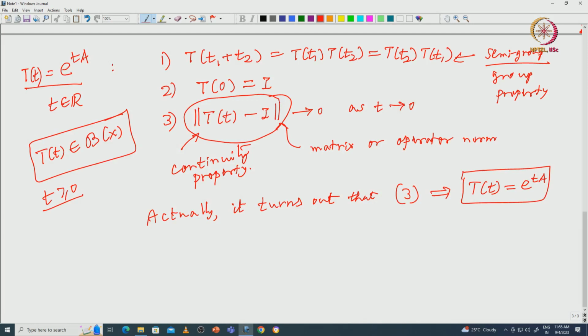So, since we are trying to develop the theory for unbounded operators, certainly 3 cannot be expected, because otherwise if 3 is expected, then we again come back to the bounded case. Okay. So, this 3 has to be replaced by a weaker condition.